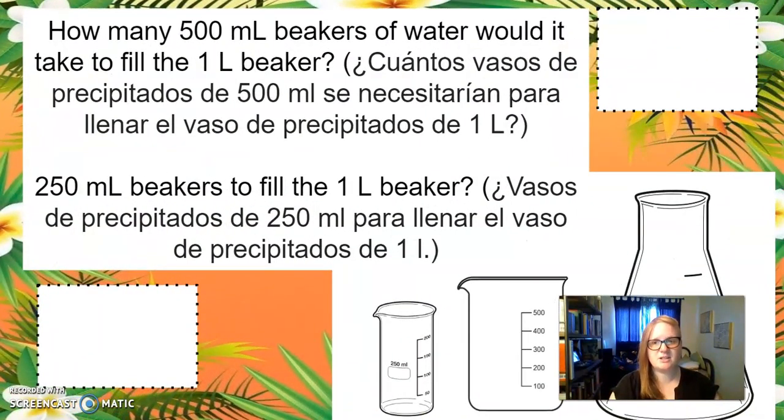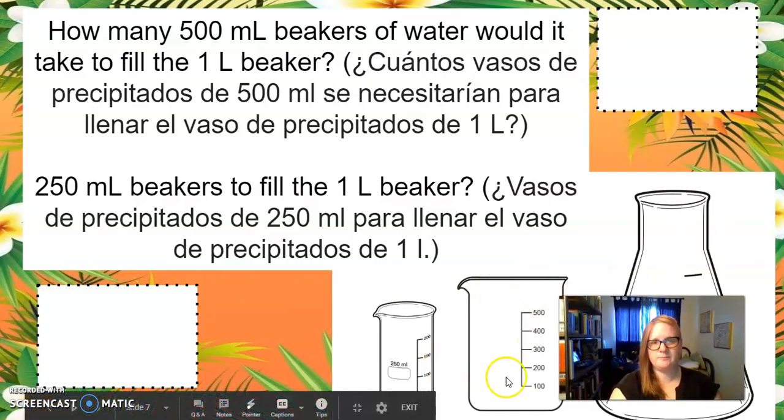So the next three slides are actually going to be a little bit of review for our liters and measurement. So how many 500 milliliter beakers, which is this one right here, would it take to fill the 1 liter beaker? And this is the 1 liter beaker.